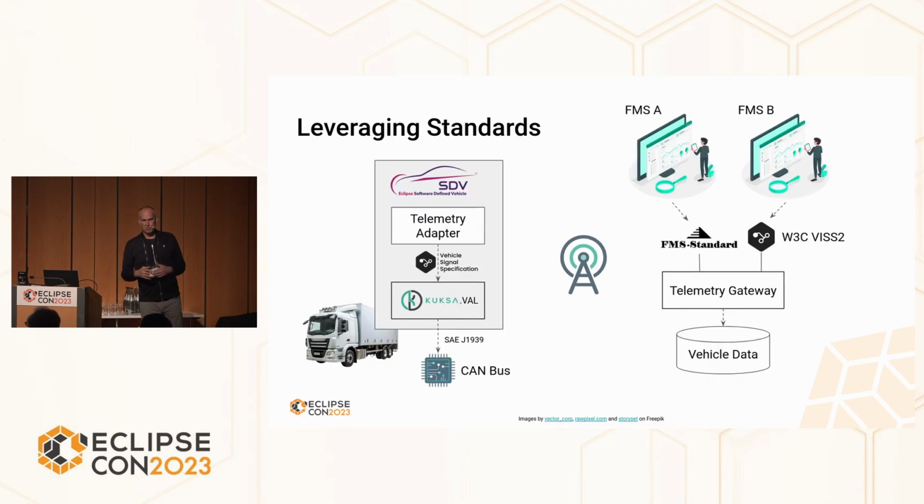You could, however, improve the overall situation a little more by trying to adopt and leverage standards in the field. So there is a very widely known standard called SAE J1939, which, does anybody know that standard? Okay, it's not too many, so I'll spend a few words on it. It basically defines standard messages and data encoding for information on the CAN bus.